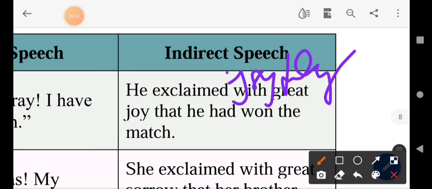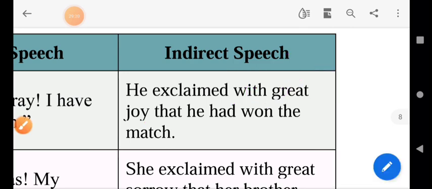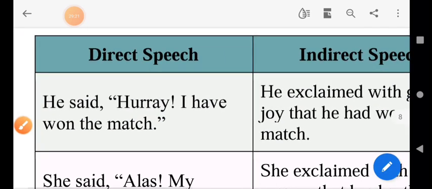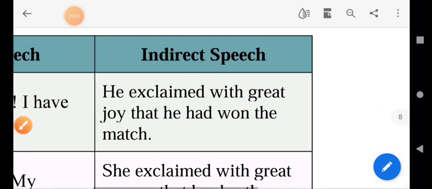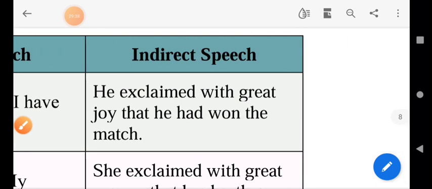What is the conjunction? The linking word "that." But "I," the first person, changes in reported speech based on the subject of the reporting verb. Here, masculine gender, he, third person singular is there, and we should write "he had won."